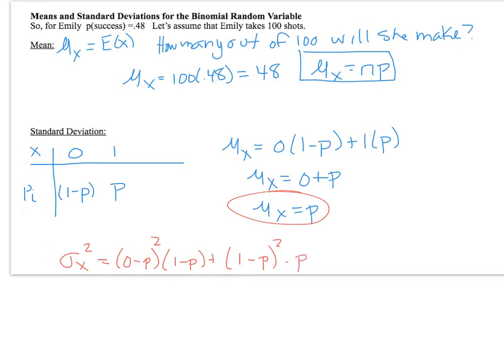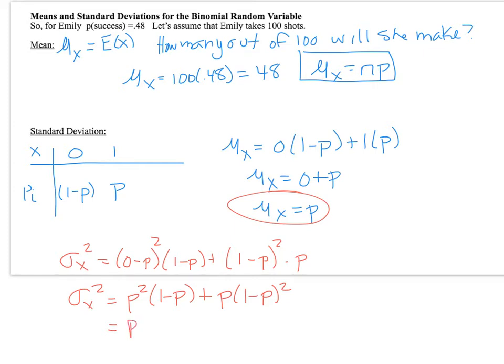From here we're going to do a little simplification. So our variance is going to equal 0 minus p squared, which is just p squared, times 1 minus p, plus p times 1 minus p squared. You'll notice that I have some common factors here. Each of these two terms has a p and a 1 minus p.